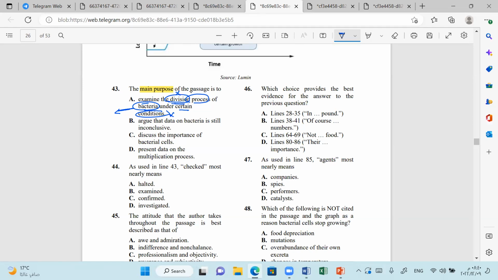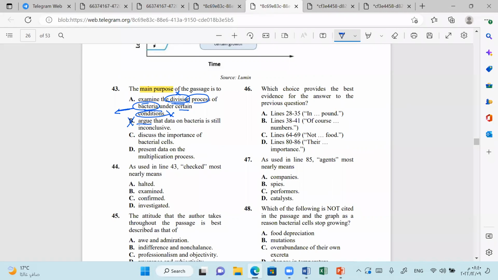I can keep it, but it might not be the best answer. Argue: it is a scientific passage, so it's talking about bacteria, I will eliminate it immediately. This is scientific. Its main purpose shouldn't be argue at all.